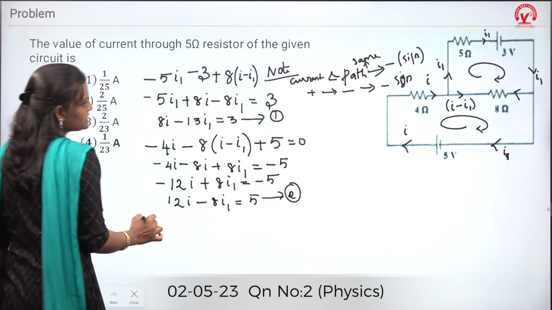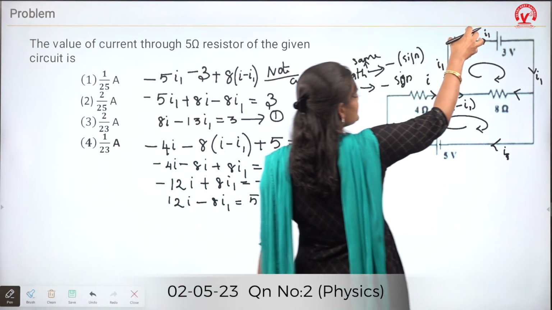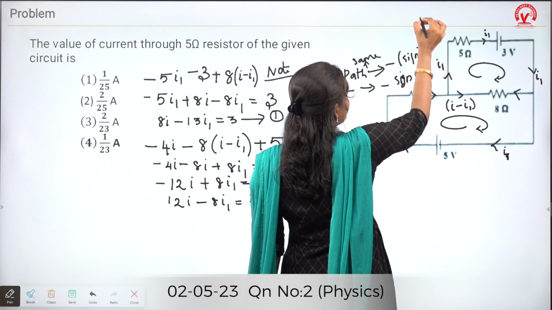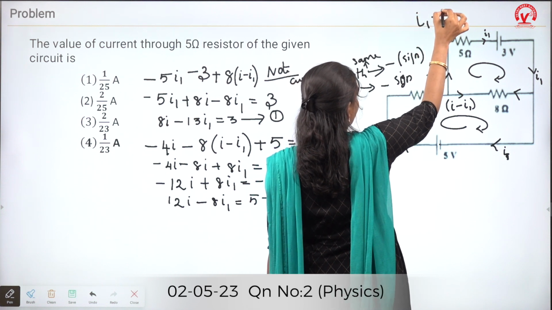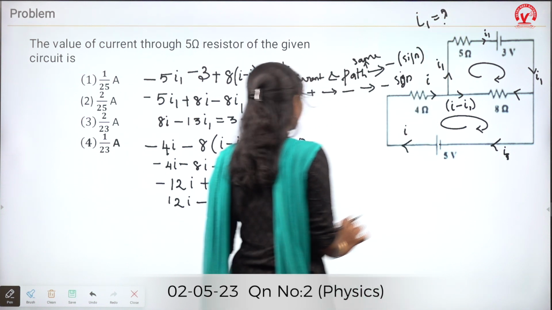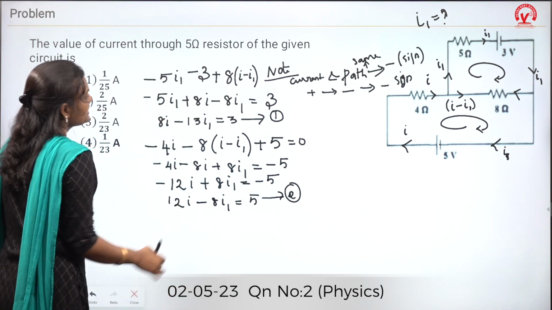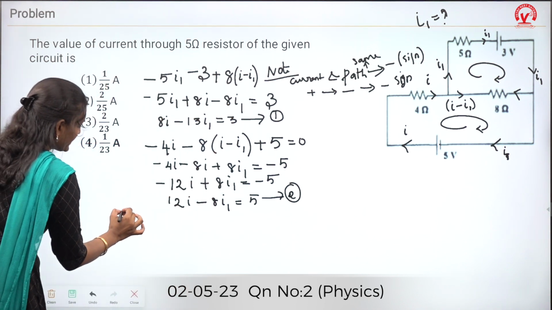Now solve the equation. Our aim is to calculate how much current is flowing here. So we need to find I1, the amount of current. So solve these equations. Multiply equation 1 by 12 and equation 2 by 8.